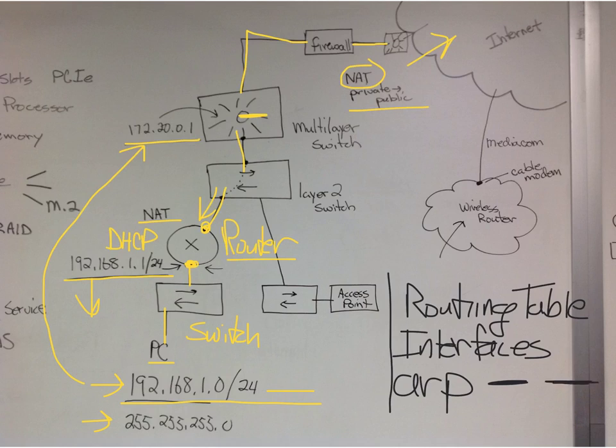So when traffic was coming back from the internet, it gets translated here, and then when the router sends it out to the switch, it puts the correct MAC address with that IP address, so then it goes to the correct PC. We'll cover that more later on.